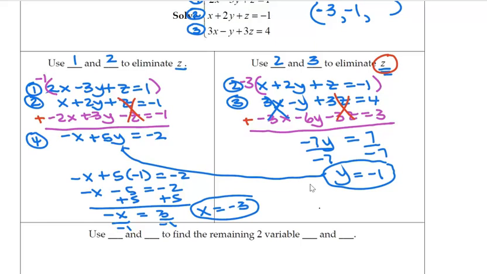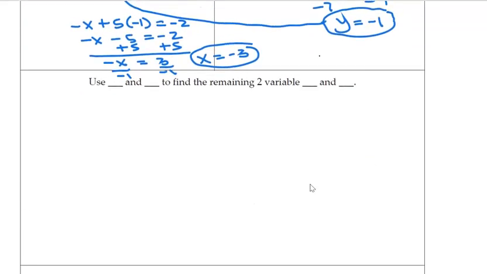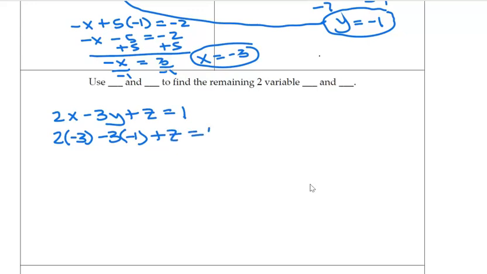So now I can just plug it back up into one of the originals. And again, choose which one looks easiest to you. I'm just going to use that first equation, but you can use whichever one you want. You'll get the same answer. So let me write this down here and put in what we know. x is -3, so 2 times -3 minus 3 times y, which is -1, plus z equals 1.